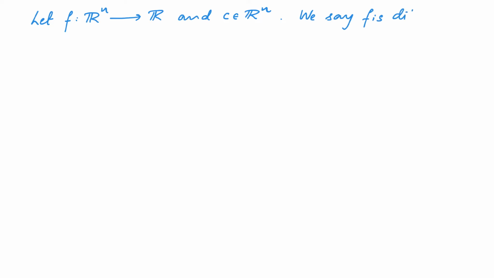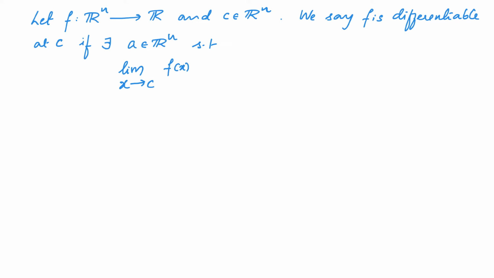We would say that f is differentiable at the point c in Rn if and only if we can find a point a in Rn such that the limit as x tends to c of f of x minus f of c minus a dot x minus c divided by the norm of x minus c is equal to 0.